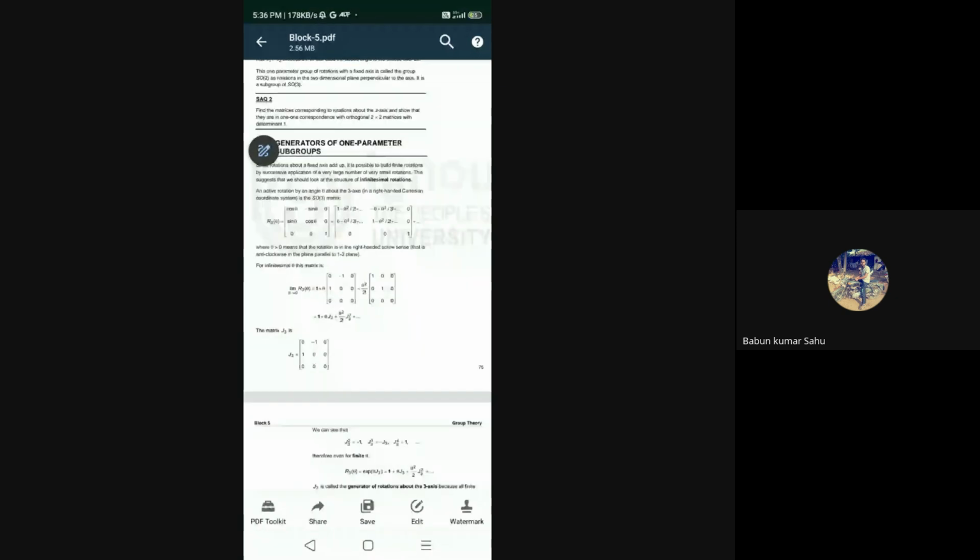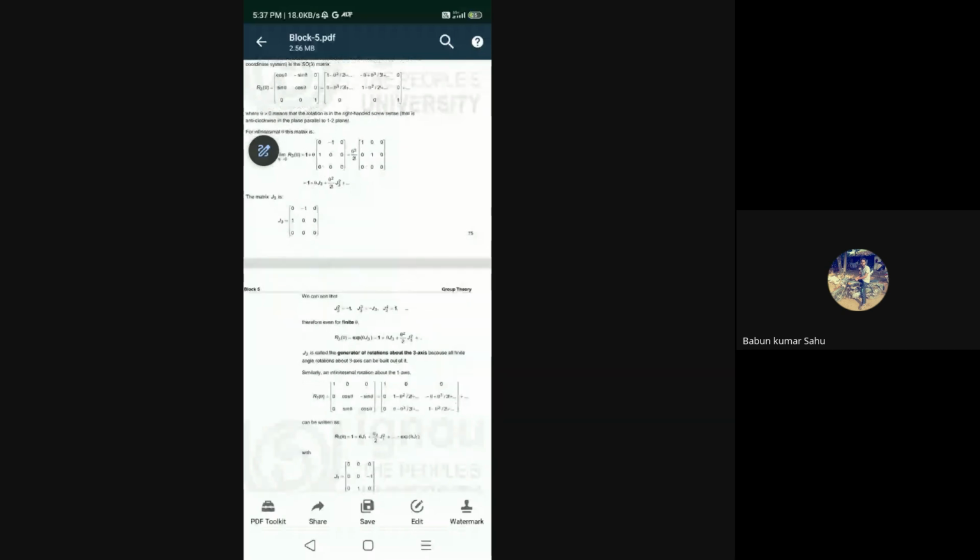For infinitesimal theta, this matrix is limited to the following. R3, which is a function of theta, is equal to 1 plus cos theta multiplied by the matrix 0, minus 1, 0, 1, 0, 0, 0, 0, 0, minus theta squared by 2 factorial multiplied by the matrix 1, 0, 0, 0, 1, 0, 0, 0, 0, and this can be written as 1 plus theta J3 plus theta squared by 2 factorial J3 squared, and your J3 matrix is nothing but 0, minus 1, 0, 1, 0, 0, 0, 0, 0.